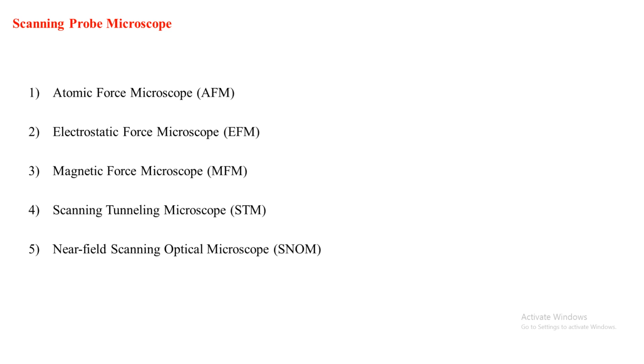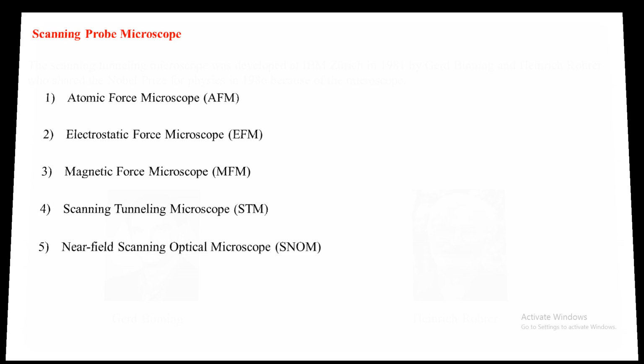The third one is the magnetic force microscopy, which is also not included in our course outline. The fourth one is the scanning tunneling microscopy, which is the lecture today. And at the end we have a fifth type, the near field scanning optical microscope, which is also not included in our course.